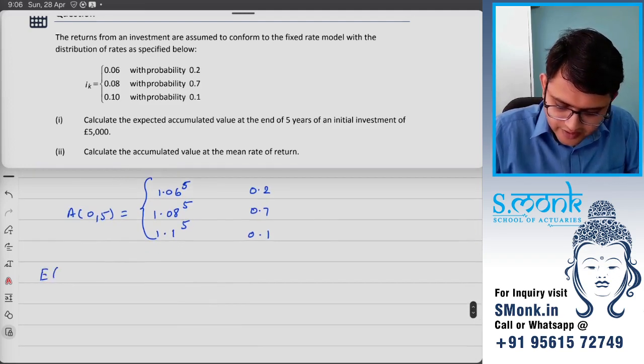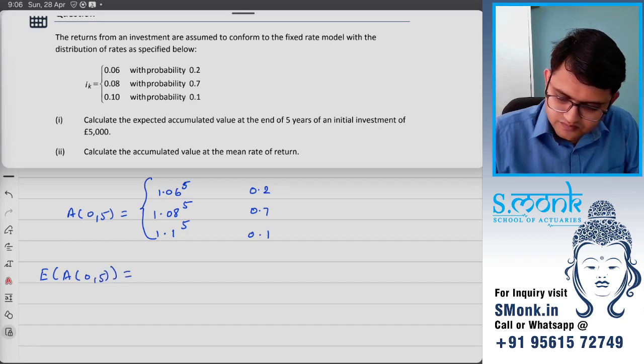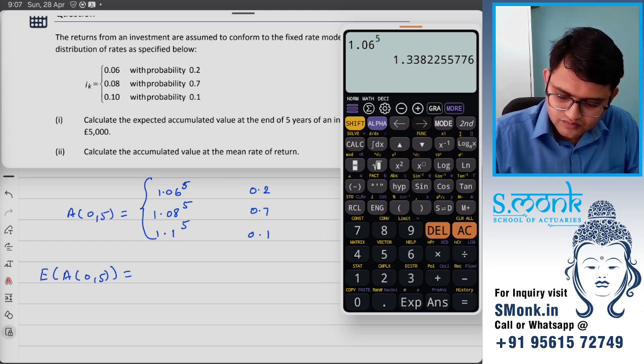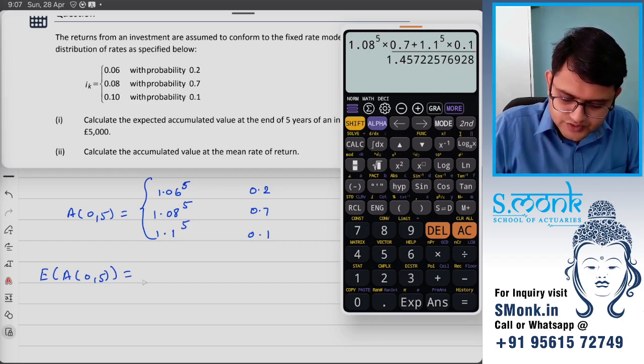I'll do that again, and this was our expected value.